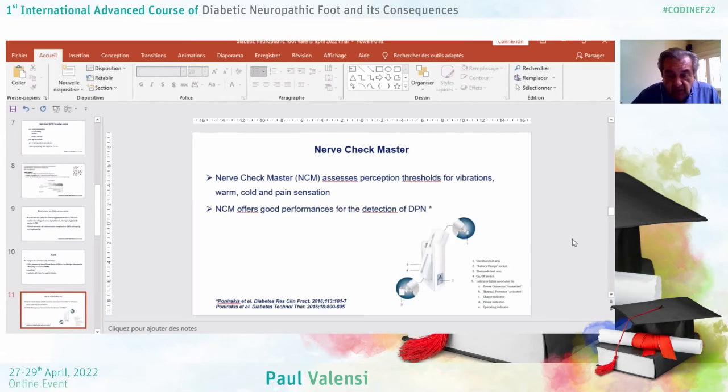So this is a reminder about the NerveCheck Master, which assesses perception thresholds for vibration, warm, cold, and pain sensation. And NerveCheck Master was shown to offer good performance for the detection of DPN.